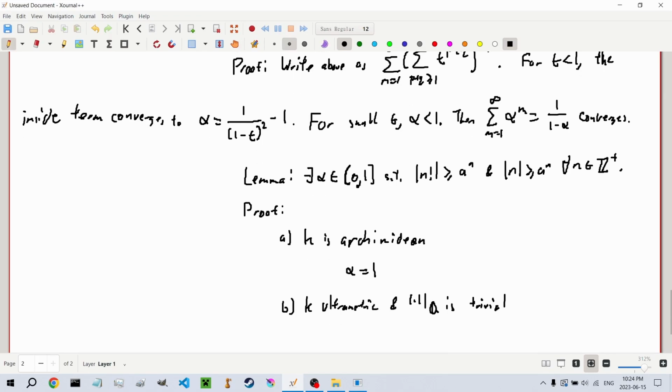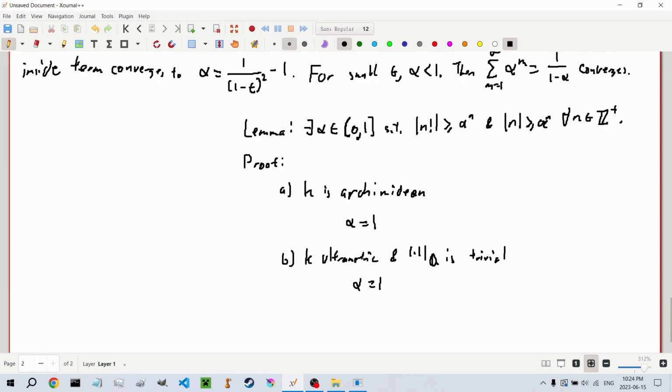In which case, we can take alpha to be 1, as you do. Case C, k ultrametric, and the restriction of the absolute value to the rationals is a p-adic absolute value.